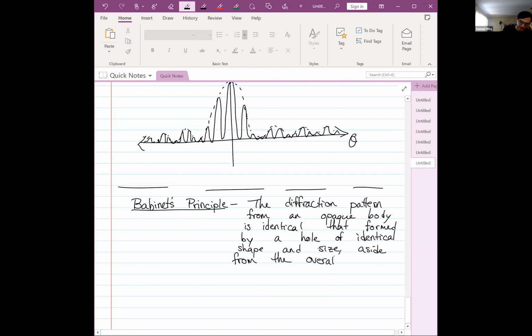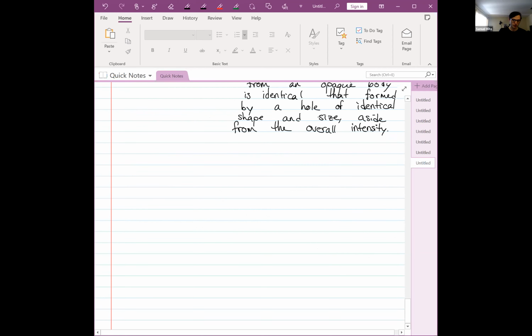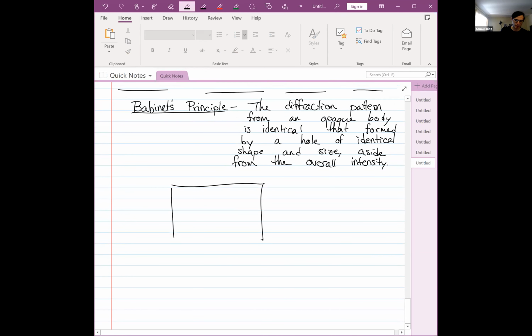Now, there's an upside to this, and that's that we can use it in a demo. By the way, this is saying that if you have a sheet of paper and you have 3 slits, and those are the only places through which light can pass, imagine you're shining light through these 3 slits.